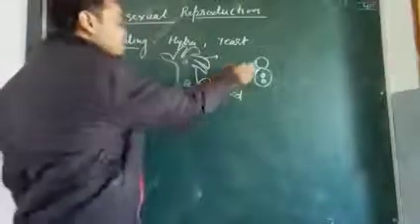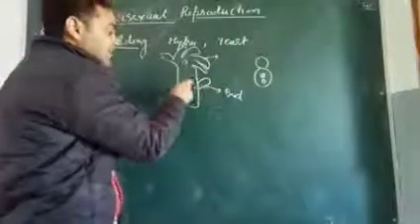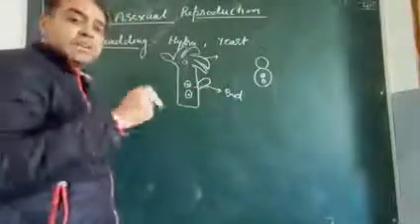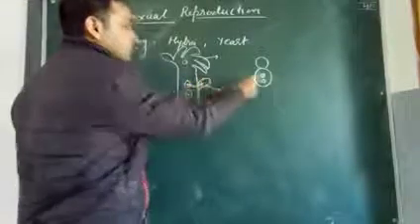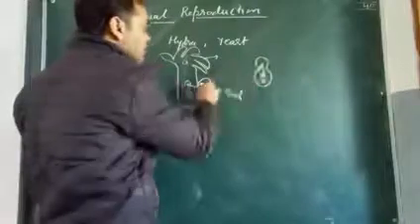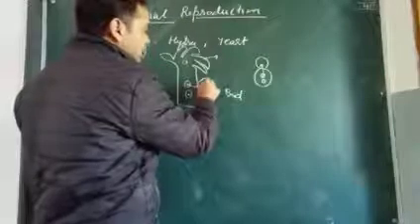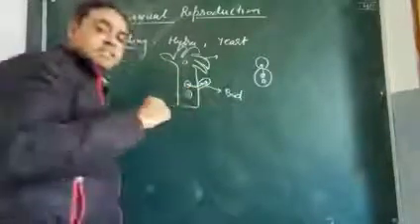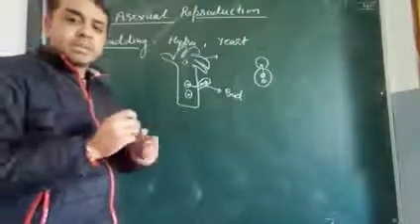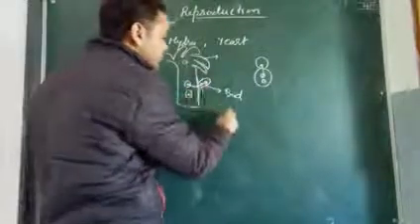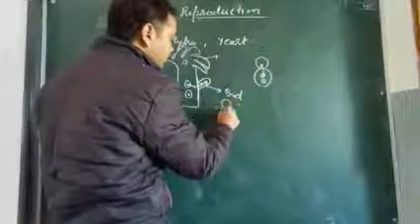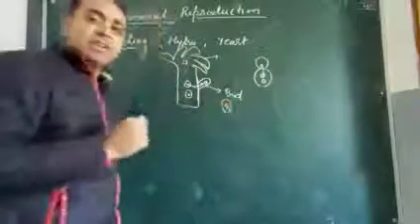Then the bud forms, and simultaneously the division of the nucleus also takes place. Then one nucleus will move into the bud, and now this bud has a nucleus. Now during maturity, this bud will detach from the parent body and start to work as a new individual.